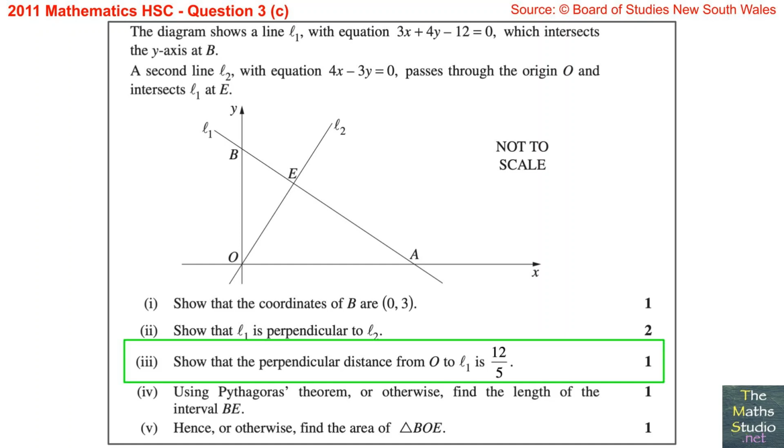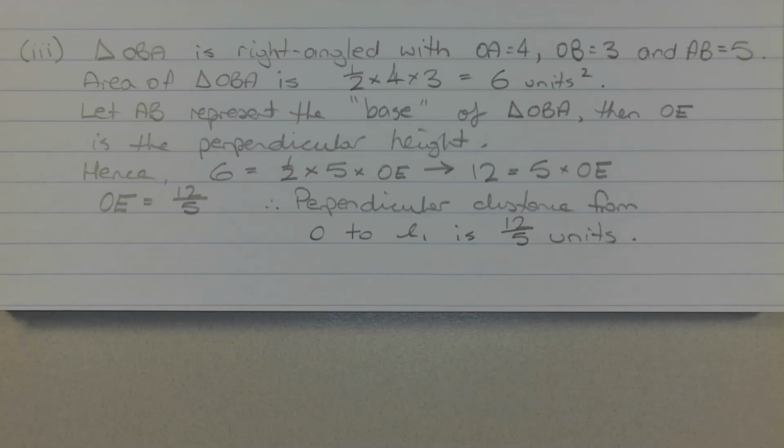Part 3. Show that the perpendicular distance from O to L1 is 12 over 5. Line L1 forms a right-angled triangle with the x and y axes, where point A and B represent the x and y intercepts respectively.